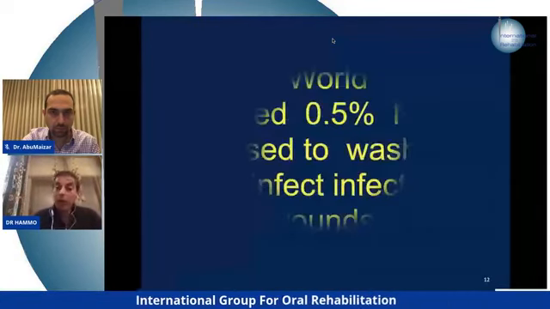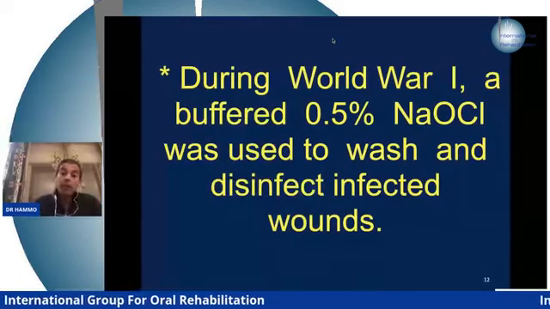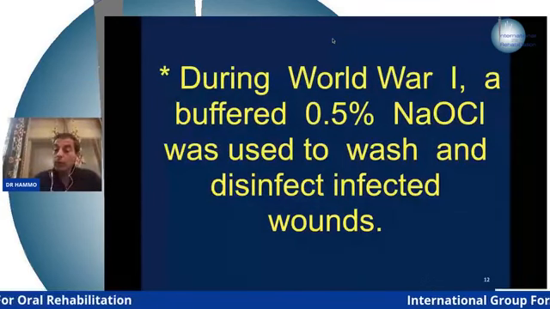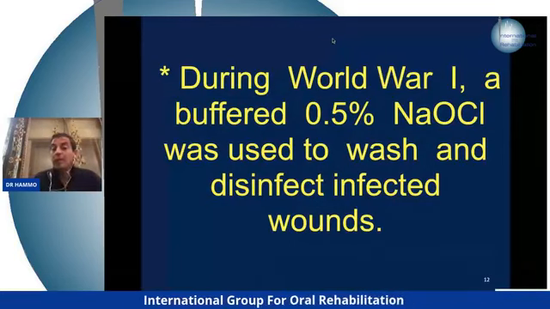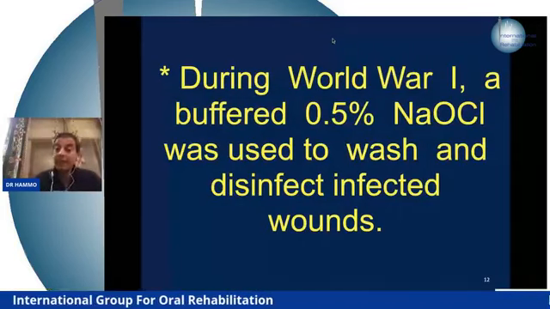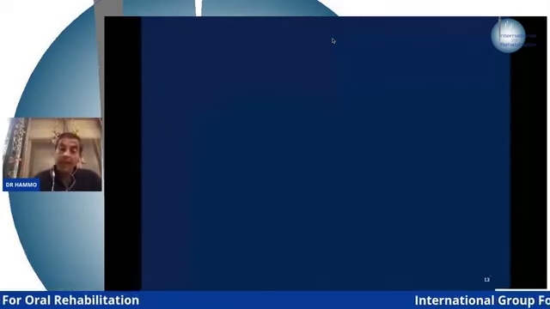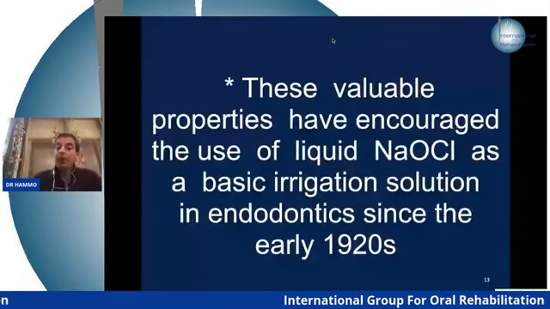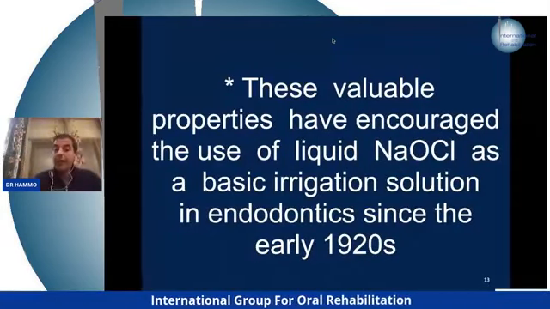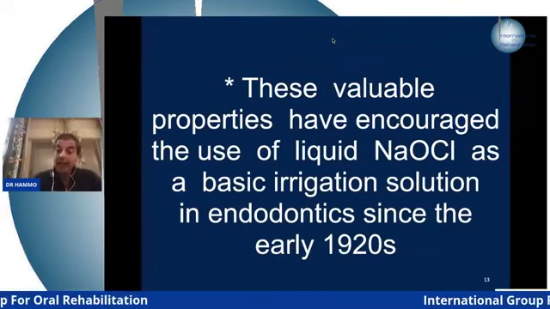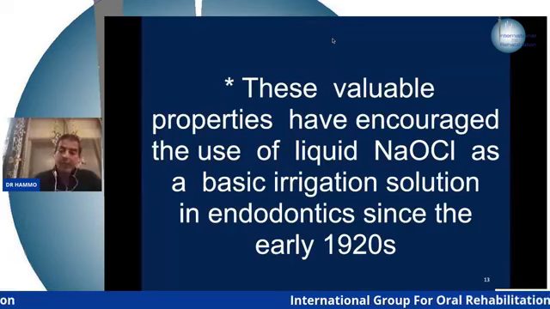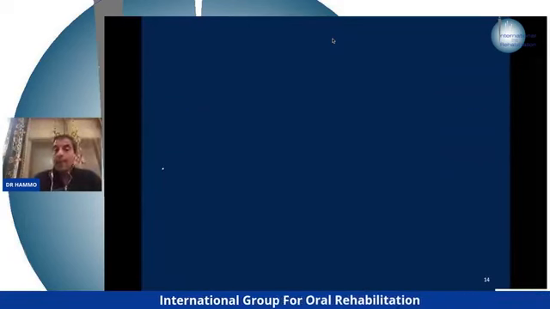The story of sodium hypochlorite: during World War I, a buffered 0.5% sodium hypochlorite was used to wash and disinfect infected wounds. Then these valuable properties encouraged the use of liquid sodium hypochlorite as a basic irrigation solution in endodontics since the 1920s.